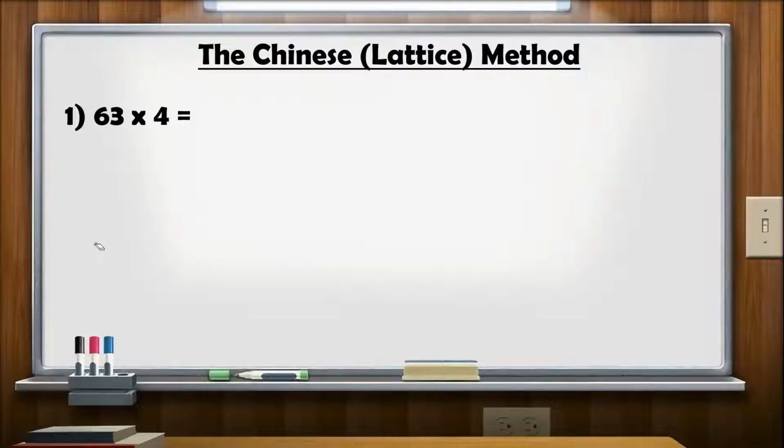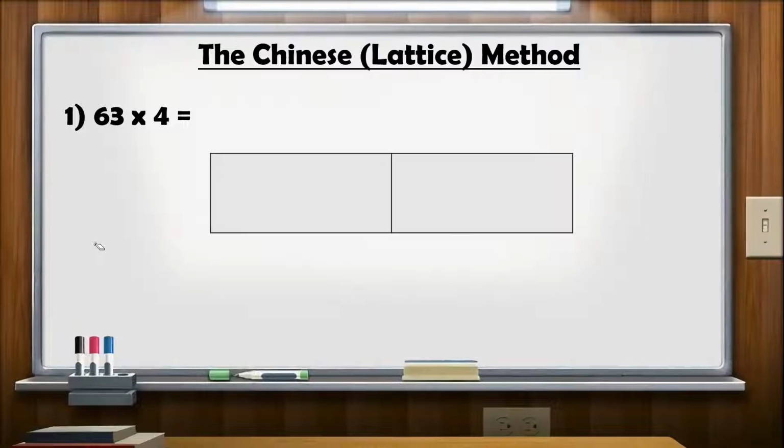So the first thing we need to do is create a grid which is 2 units by 1 unit and looks something like this. Now the 2 units across will allow us to put our number 6 and 3, and the 1 unit down will allow us to put our number 4.